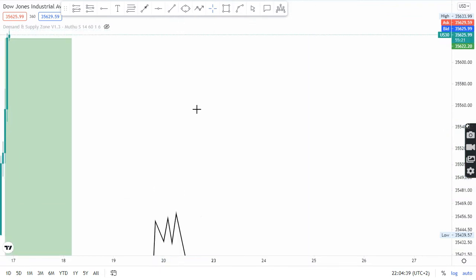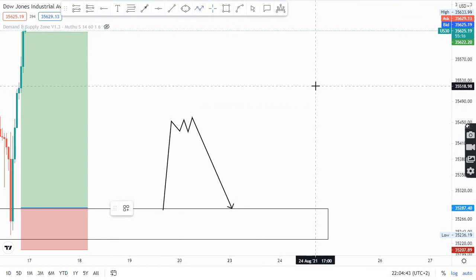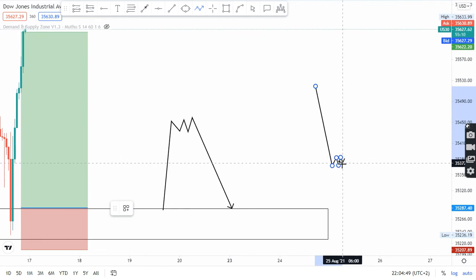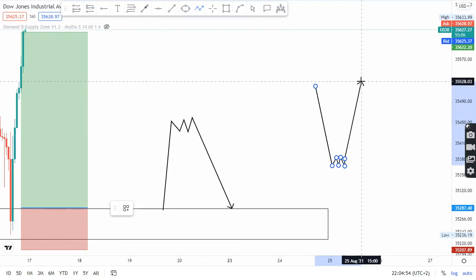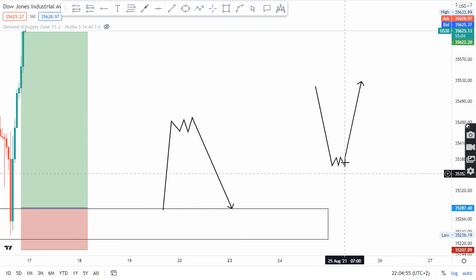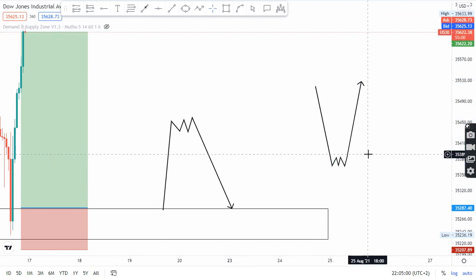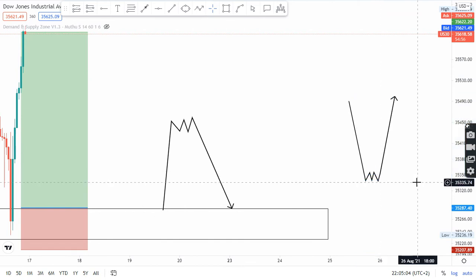And then another example is where you have just the opposite. You have a drop, then you have a base, and then you have a rally to the upside. So these are what you call reversal patterns. The first one we were looking at was a continuation pattern. Now this one is what we call a reversal pattern.